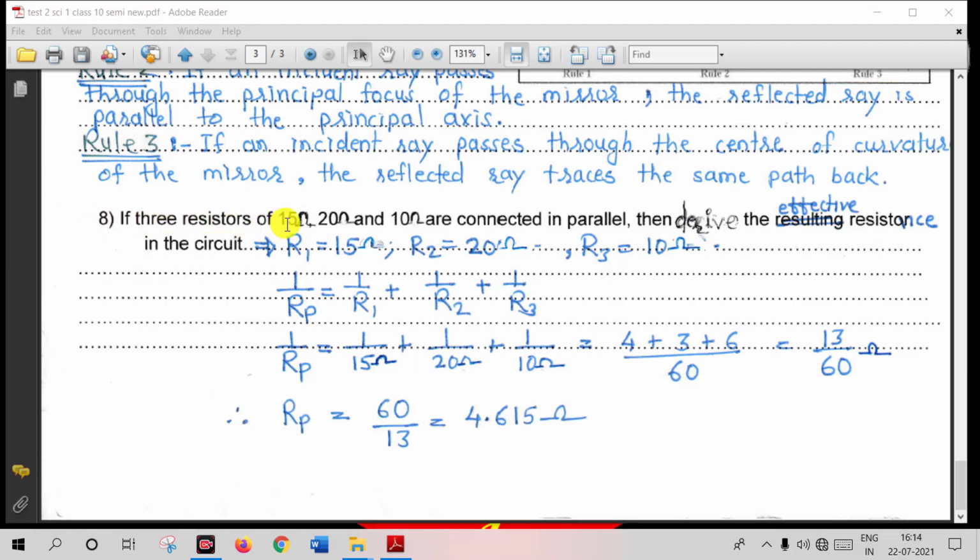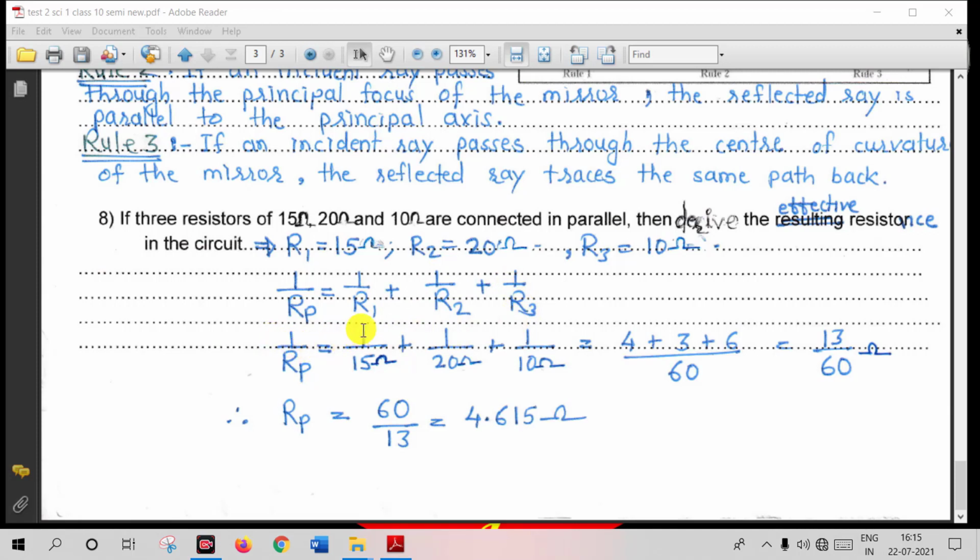Question number 8. If 3 resistors of 15 ohm, 20 ohm and 10 ohm are connected in parallel, then derive the effective resistance in the circuit. R1 is 15 ohm, R2 is 20 ohm, R3 is 10 ohm. The formula for effective parallel resistance is 1 by Rp is equal to 1 by R1 plus 1 by R2 plus 1 by R3.